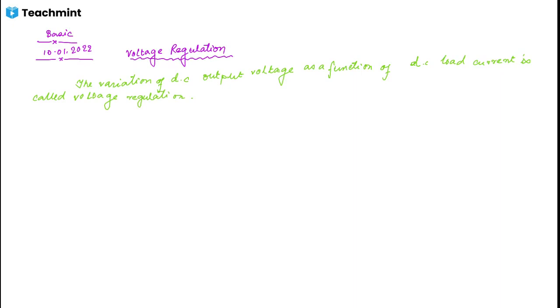The degree to which the power supply output varies with input voltage under conditions of load variation is measured by a term known as voltage regulation. Voltage regulation is generally expressed in percentage.